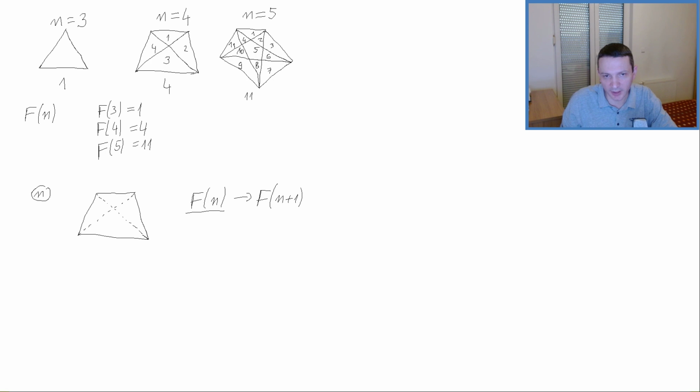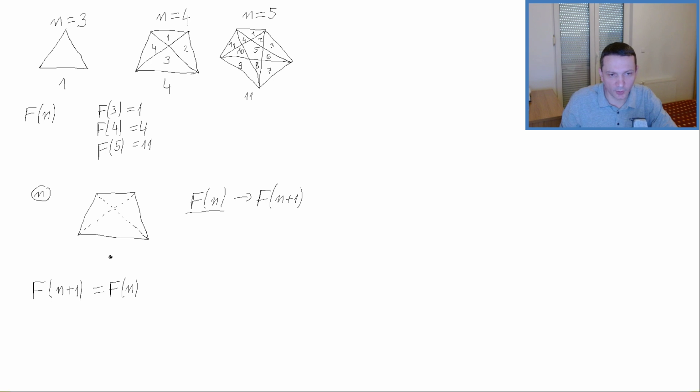So I will try to get some recursive formula. I shall simply add one new vertex here. So what actually happens here?